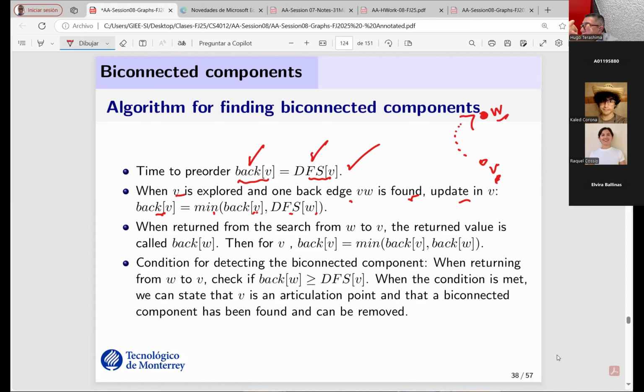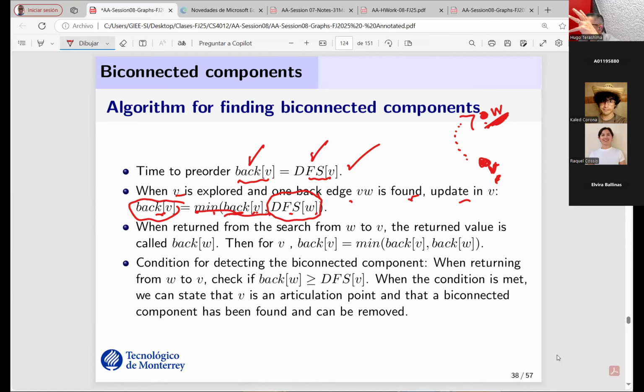If this is an ancestor, it means that you can go back from B to W, up to this point. So if this is the minimum, it is going to replace back of B, and it means that you can go back from B to an ancestor of that element, right? Instead of going to the same element, it's going back also to this element, which is an ancestor.